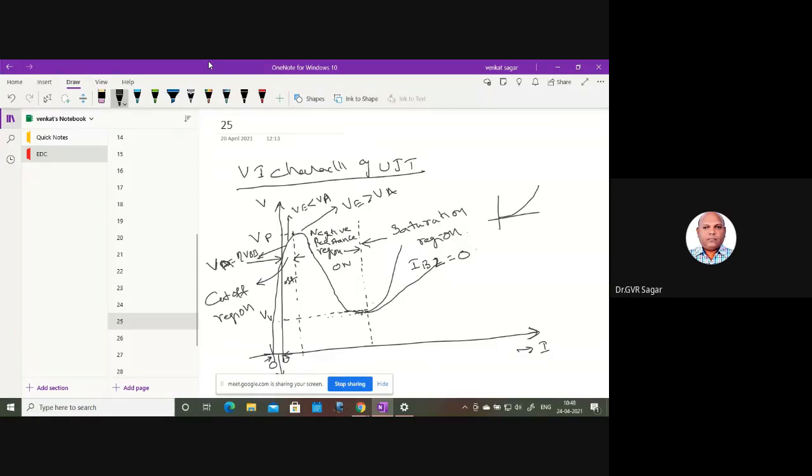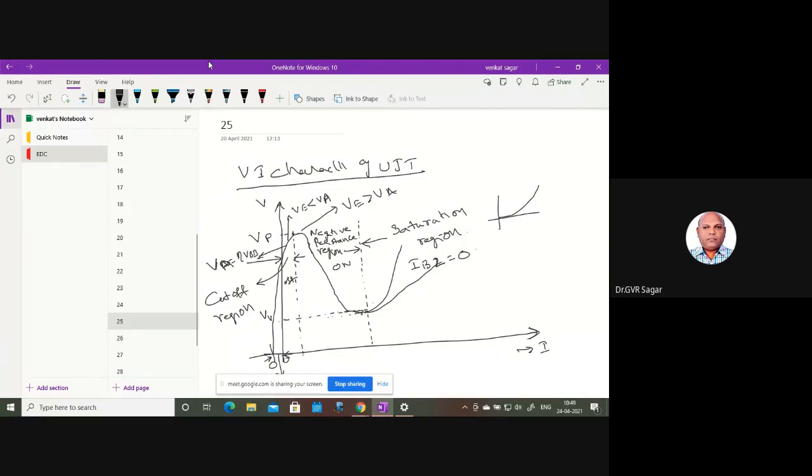So the special characteristic of this transistor is that it exhibits the negative resistance region. We know already cutoff region and saturation region, but negative resistance region we don't know. So that is exhibited here by the UJT, right? Because of this special characteristic of UJT, negative resistance exists.